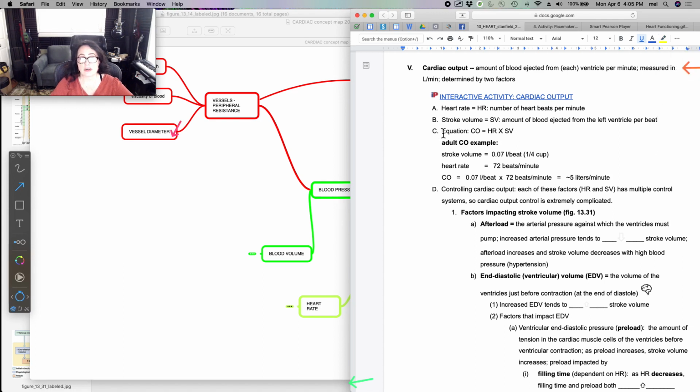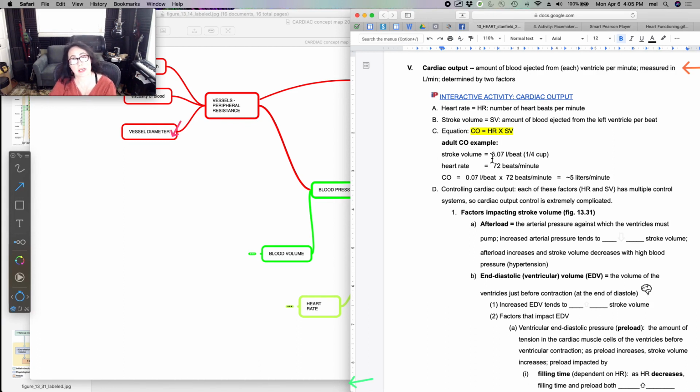The equation is really simple: cardiac output, CO, equals heart rate, how many times you contract per minute, times stroke volume, and stroke volume is how much blood leaves per contraction.